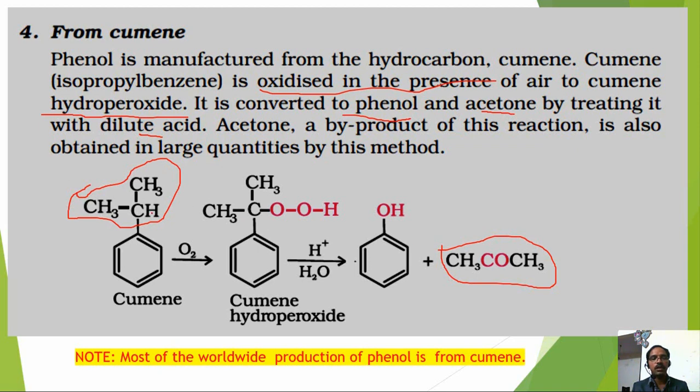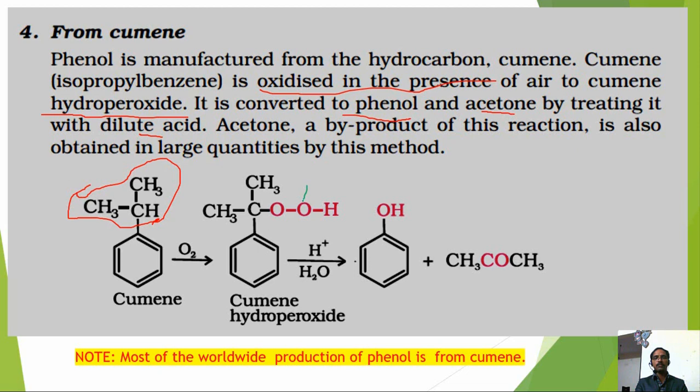A few students ask: why does oxidation take place at this hydrogen only? Why not the terminal hydrogens? Here the benzyl carbocation is more stable and this hydrogen is more acidic, so oxidation takes place here.